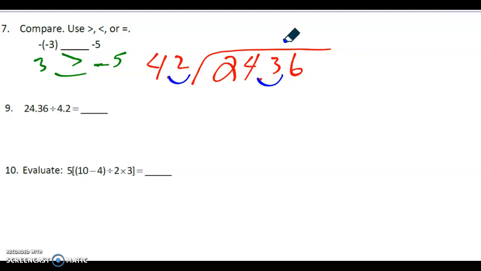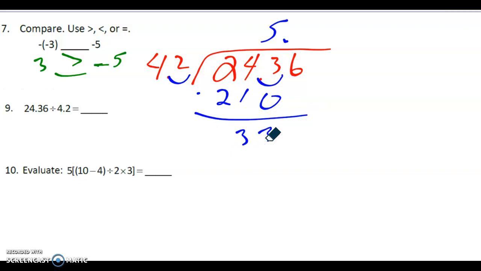So now I'm actually looking at 42 into 243.6. So I know that 42 goes into 243 5 whole times. So 5 times 42 is 210. When I subtract, I get 33. 42 cannot go into 33. So since 42 can't go into 33, I'm going to bring down the 6.